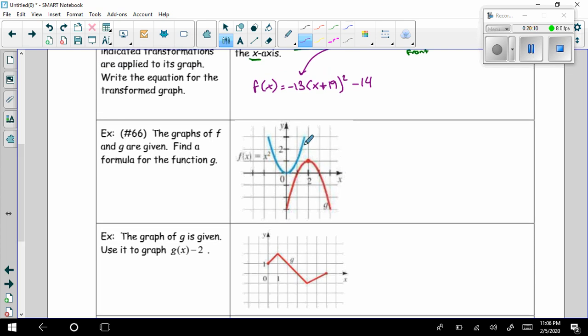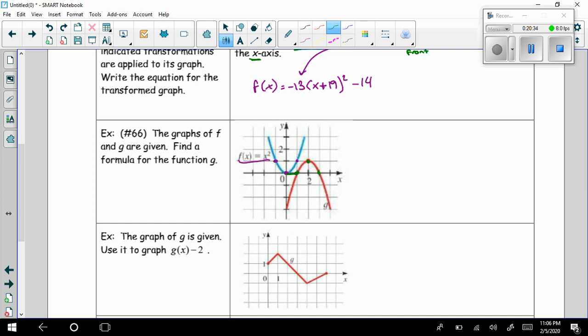This part should look somewhat familiar from geometry. The graphs of f and g are given. Find the formula for function g. And so f you'll recognize hopefully as your common function or your parent function. So we look at those points there, and then we look at the points in g, we should hopefully be able to see what they're doing.